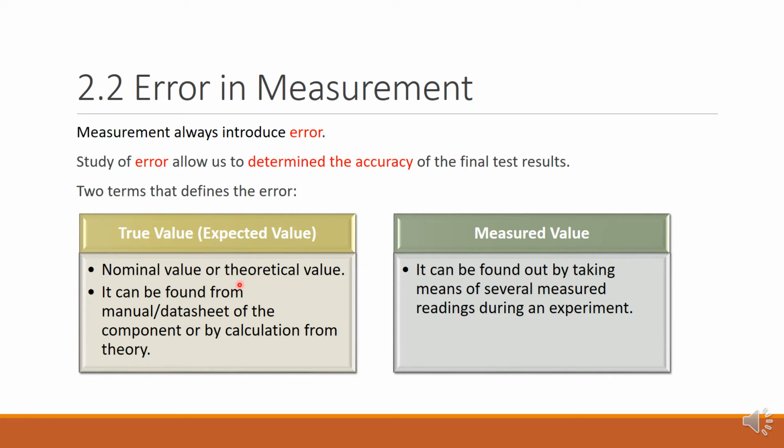It can be derived mathematically from calculation by theory, or it can be found from a datasheet provided by the manufacturer. So this is the true value. And the measured value can be found by reading your measurement during an experiment. So from these two, the measured value and the expected value, you can calculate the error of your measurement.